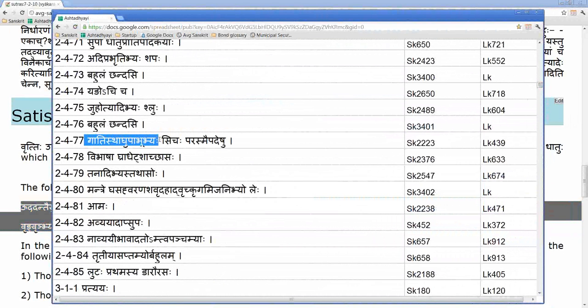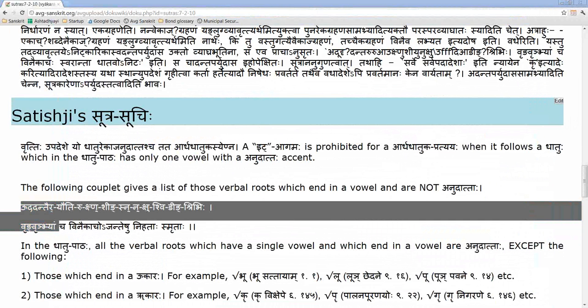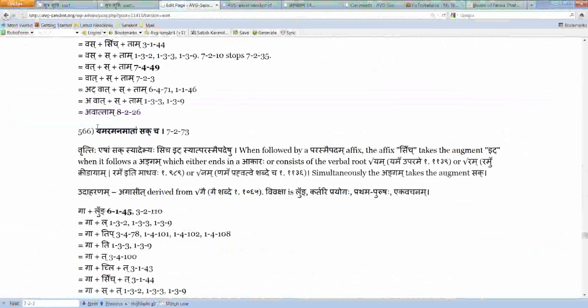So these are exceptions, okay. But otherwise, if you have any akaranta dhatu, as well as a dhatu which is yama, rama, nama, then the sich takes the idagama, which it would not have got, because 7.2.10 would have blocked it. Not only that, the anga takes the sak agama. So one more time, yama rama namatam sak cha.